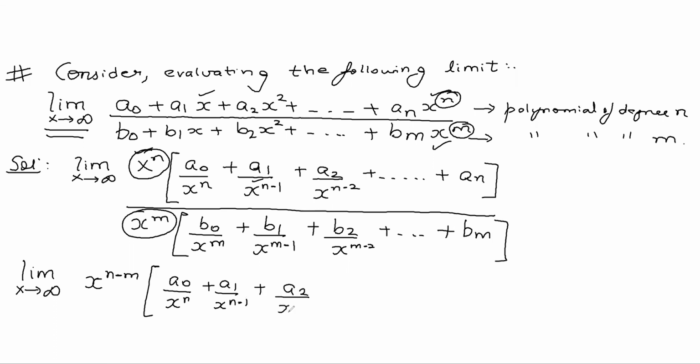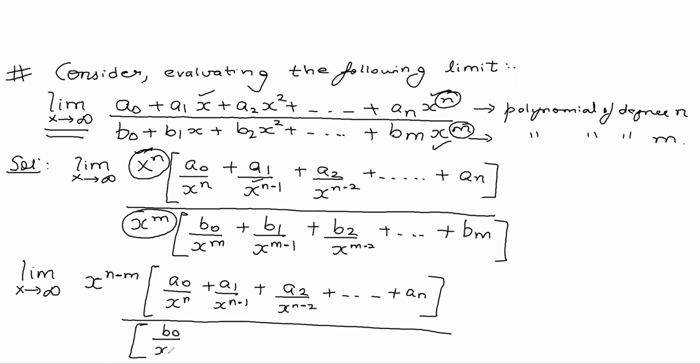This is our numerator. And the denominator also I write as it is. b0 upon x to the power m plus b1 upon x to the power m minus 1 plus b2 upon x to the power m minus 2, and I can stretch it up till bm.